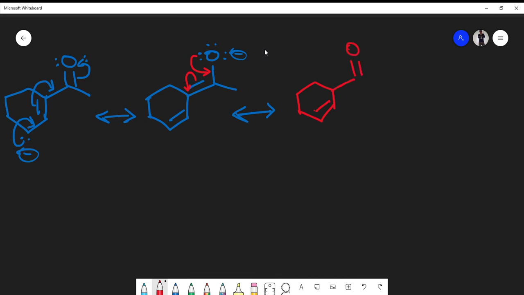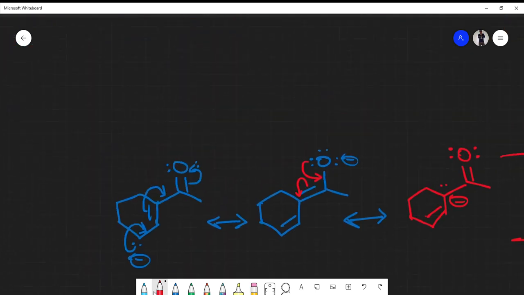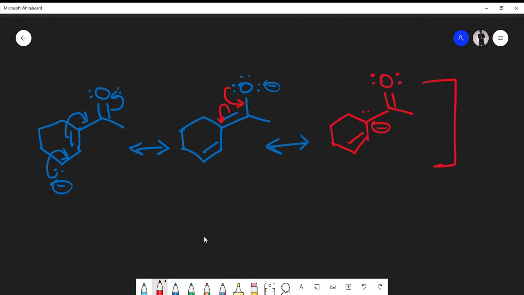Now I have a double bonded oxygen with only 2 lone pairs, but now I have a lone pair on this carbon. If we do a formal charge, you'll see that this carbon is negative. So these will be the 3 resonance structures that we would get for this molecule.